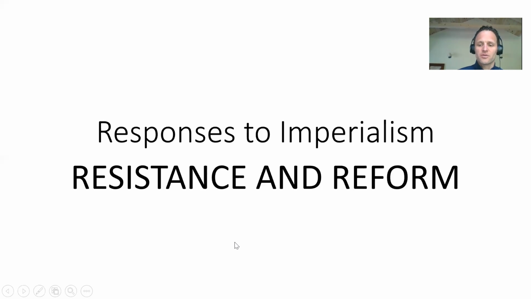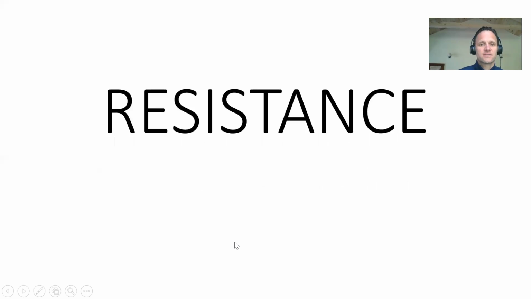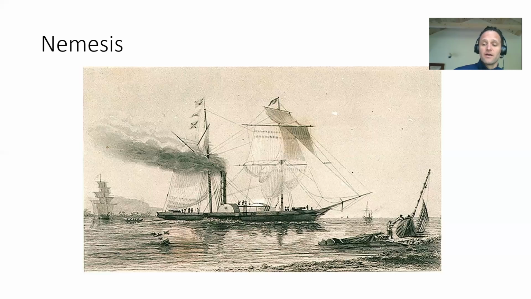We're going to start looking at resistance. So the most common form of response to imperialism is resistance. We see this beginning in China with the Opium Wars. You remember that China was the Middle Kingdom. No civilization in the world was better than China for basically several thousand years.